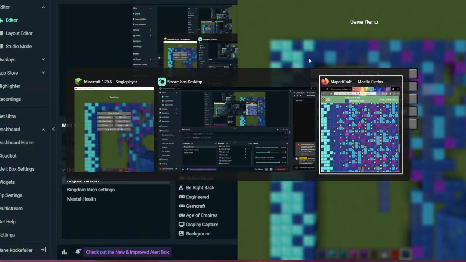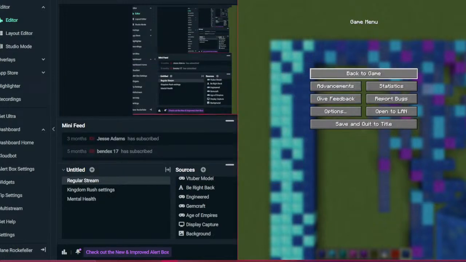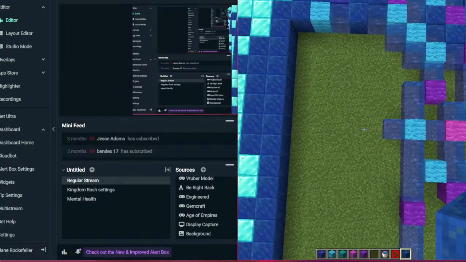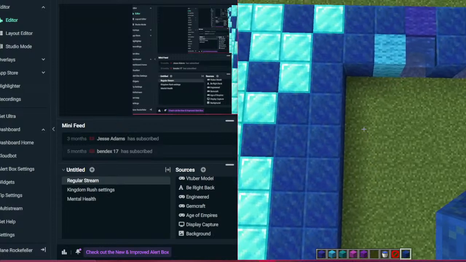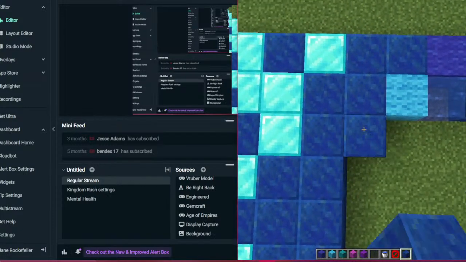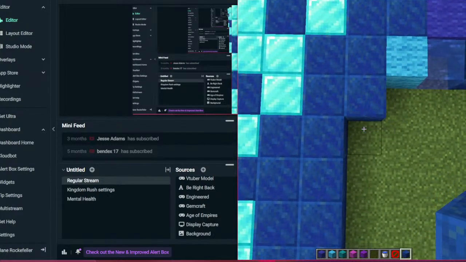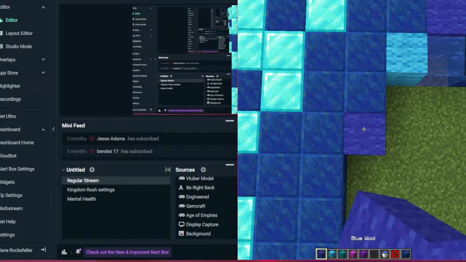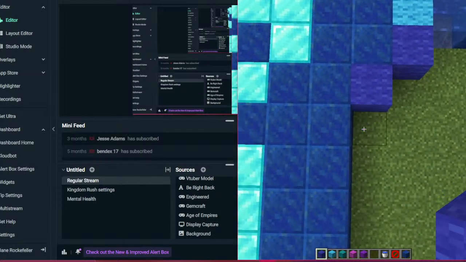We're here, so 1, 2, that entire line is all lapis. Got it. This is 3 lapis and then wool, wool. It's 3 lapis. And then I scrolled the wrong way. It's wool and wool.